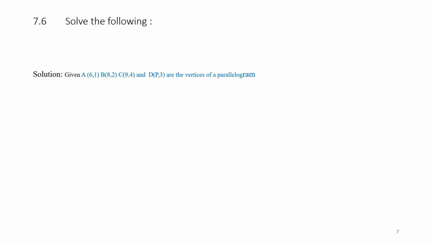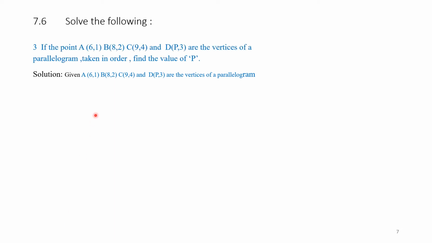Example 7.6. Solve the following. If the points A (6, 1), B (8, 2), C (9, 4) and D (P, 3) are the four vertices of a parallelogram taken in order, find the value of P. Here it is given as a parallelogram, and a parallelogram has four corners, and the four corners are given as vertices.